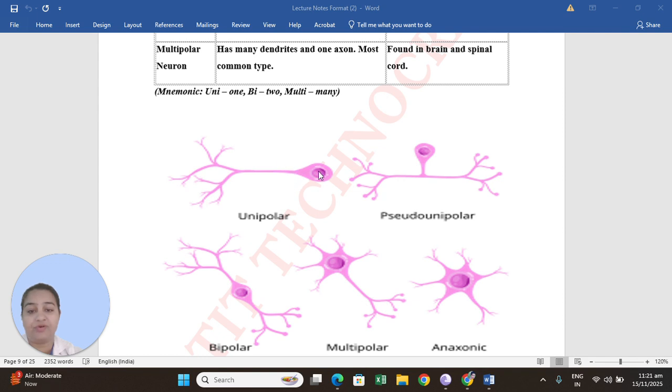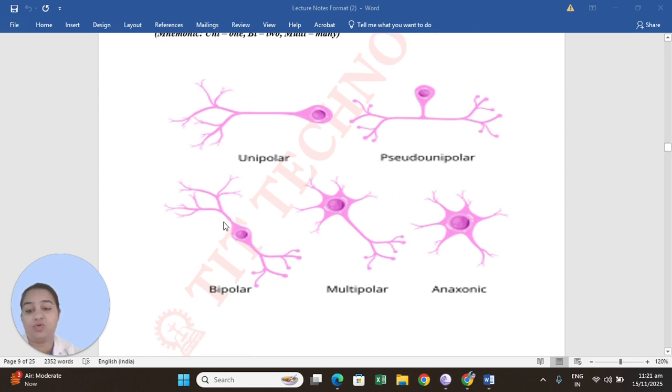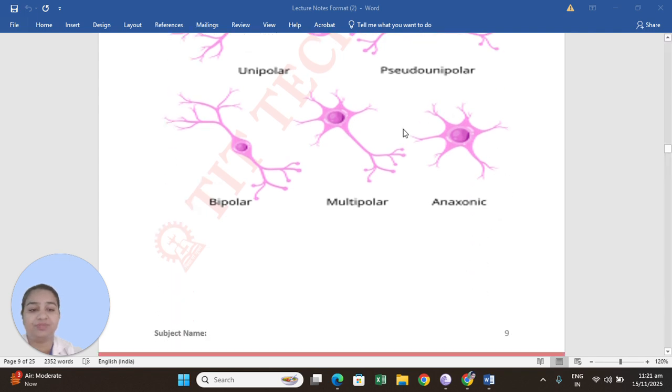The part from where the cell body is connected to the dendrite is the pole. So here we have two branches, but you see this stem. Actually, there is only one pole. Bipolar: here two poles are present, directly from the cell body. Dendrites are coming from here and here. Multipolar: many dendrites are here and the cell body is connected, and an axon here.